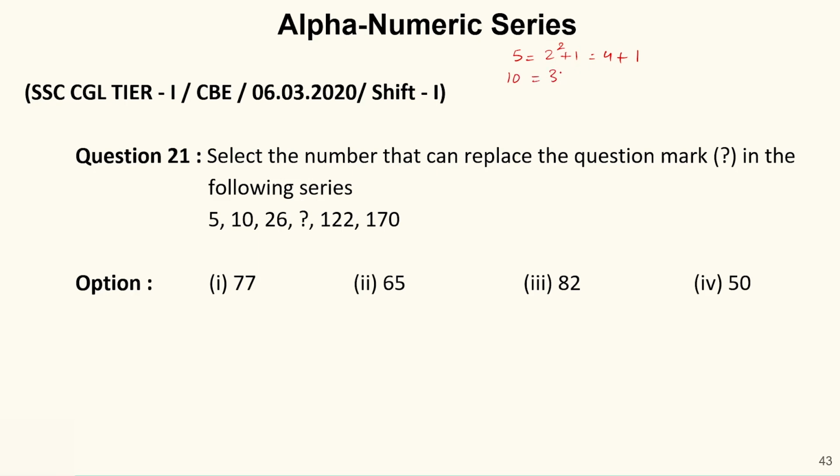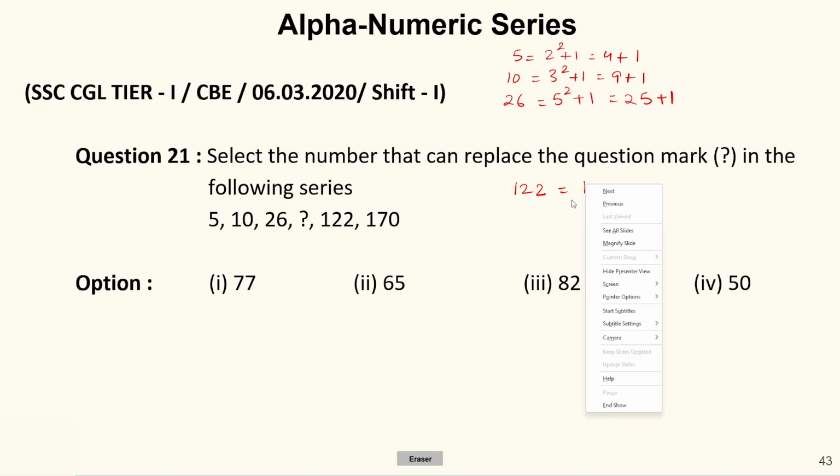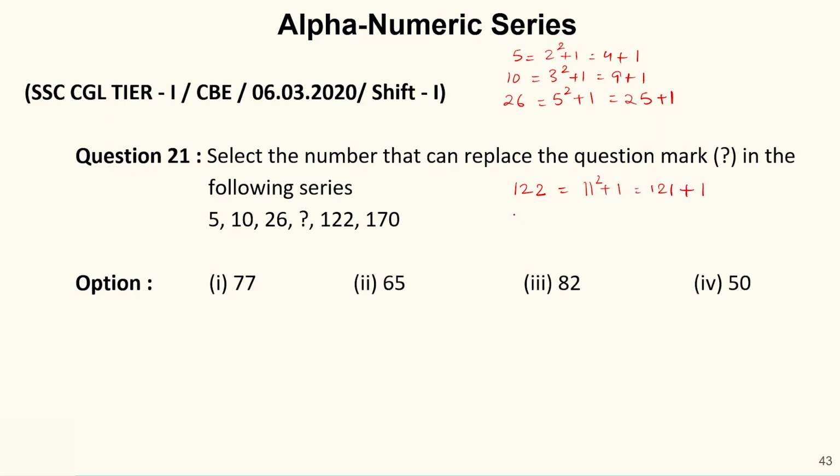Similarly, 10 can be written as 3 square plus 1, because 9 plus 1. 26 can again be written as 5 square plus 1, which is 25 plus 1. 122 can be written as 11 square plus 1, because it is 121 plus 1. Similarly, 170 can be written as 13 square plus 1, which is 169 plus 1.